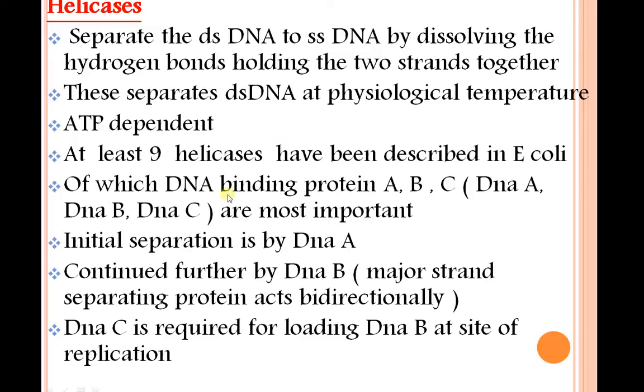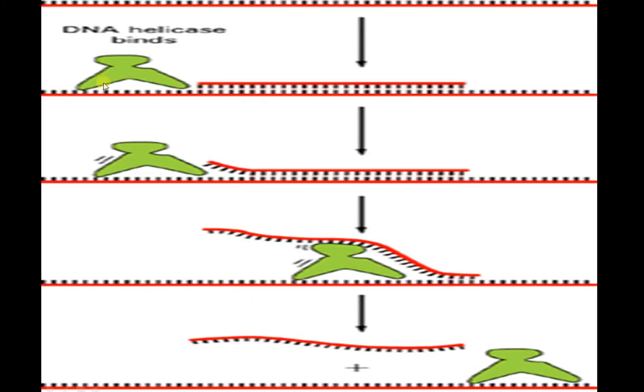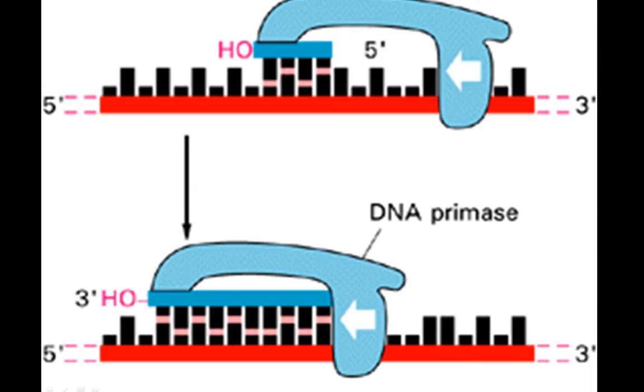DnaB is nothing but helicase. Whenever it binds DNA, helicase is activated, so ultimately the two strands are unwound. Primase adds the primer.